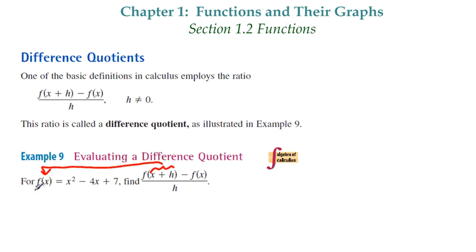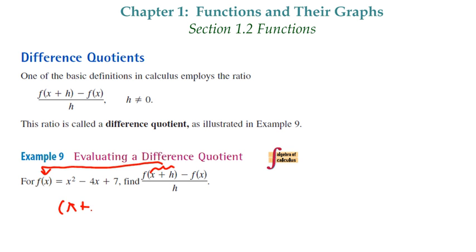So instead of f of x being x squared, it would be f of x plus h equals x plus h squared minus 4 times x plus h plus 7. So I replace the x with x plus h. Let's replace this whole thing with, here we go, ready? I'm going to plop in right here x plus h.